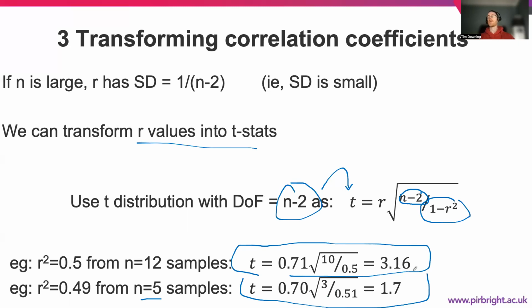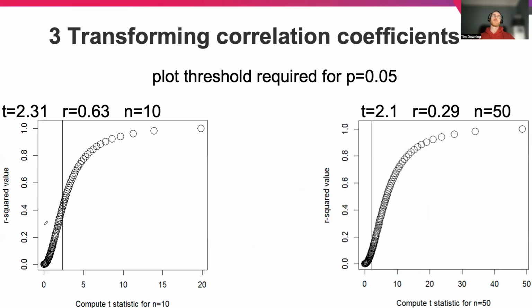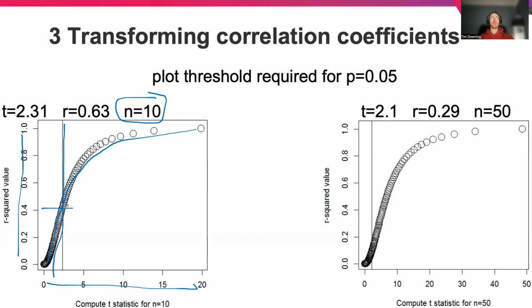If we relate these and plot the R values versus T values, we see a very sigmoidal distribution as we increase our T value for a given R squared value. If we use a p-value threshold determined by this line, for T of around 2 for n equals 10 samples, we can see our threshold for the correlation coefficient might be around 0.63.